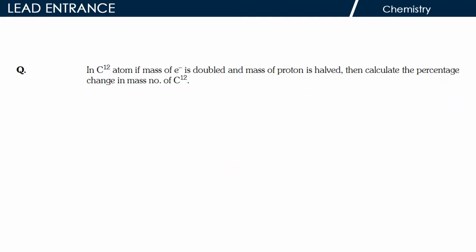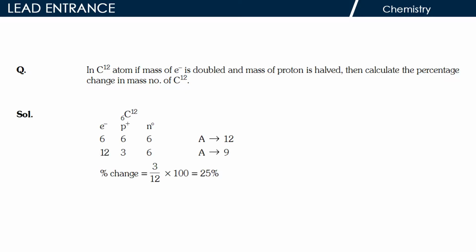Question 4. In carbon-12 atom, if the mass of electron is doubled and the mass of proton is halved, then calculate the percentage change in mass number of carbon-12. Solution. In carbon with atomic number 6 and mass number 12, number of electrons is 6, number of protons is 6 and number of neutrons is 6.